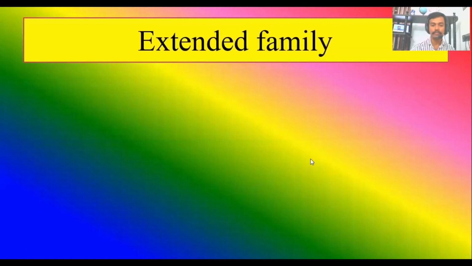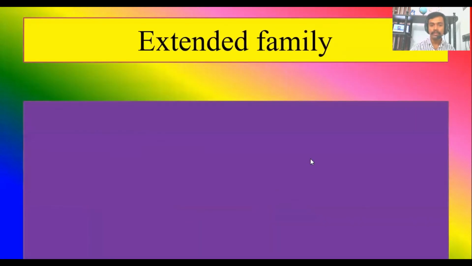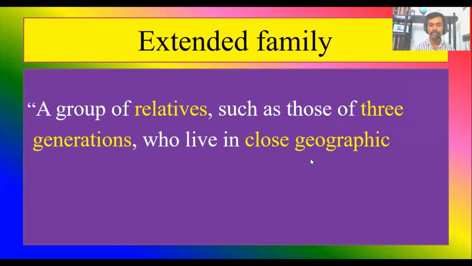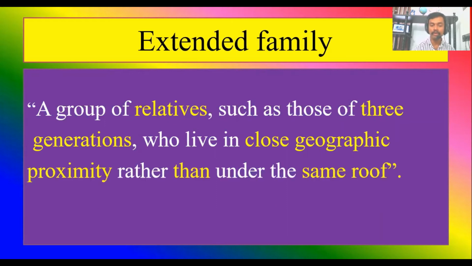Explanation about extended family. Extended family means relatives, those of three generations, living in close geographical proximity. For example, father, mother, children, brother-in-law, father-in-law, living in a nearby geographical location.